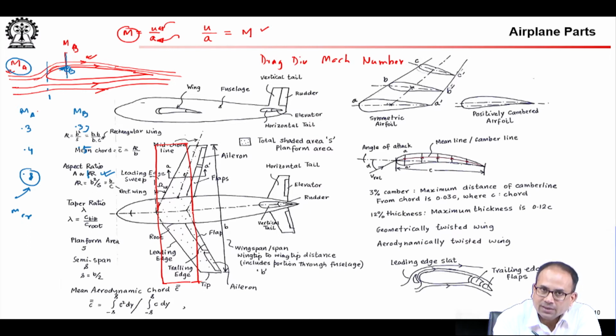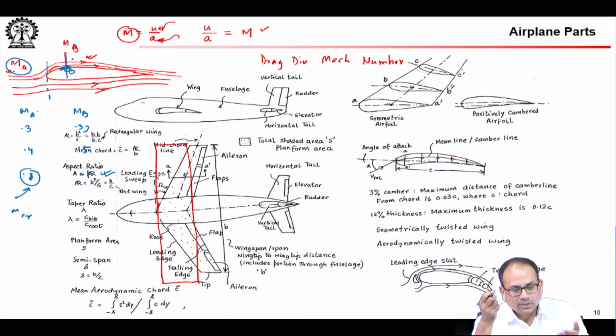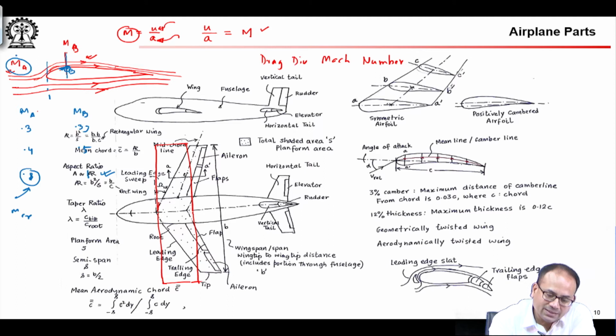U at B divided by A at B. Now, A at A and A at B are the same, because speed of sound depends on the temperature, and as I said, in flow fields like this, temperature changes are negligible. So, we do not even consider temperature as a variable here. So, your Mach number here is less than 1, but here you are reaching Mach 1.